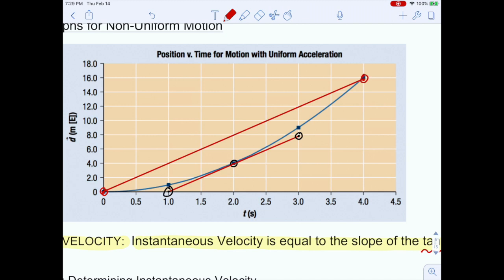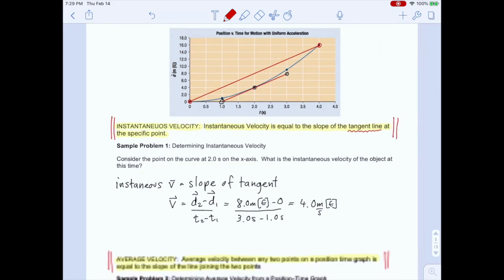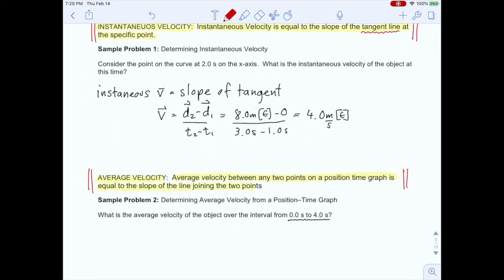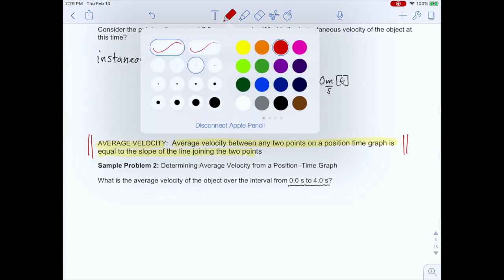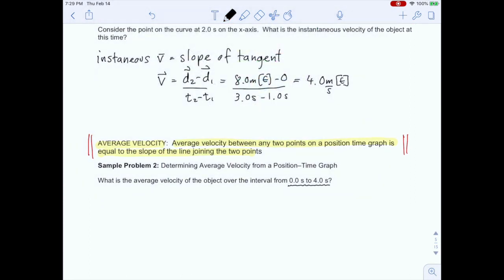And if we find the slope of this line we just drew, we will find the average velocity over the interval 0 to 4 seconds. Let's go ahead and do that. Average velocity is equal to the slope of a line joining 2 points on a position time graph.